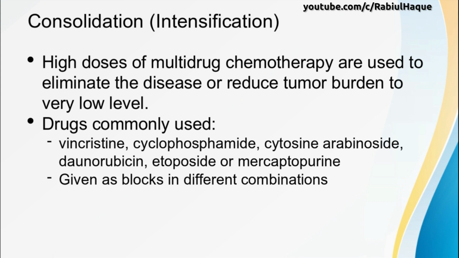Moving on to the next phase, that is the consolidation phase or intensification phase. As the name implies, high doses of multi-drug chemotherapy are used in this phase to eliminate the disease or reduce tumor burden to a very low level.